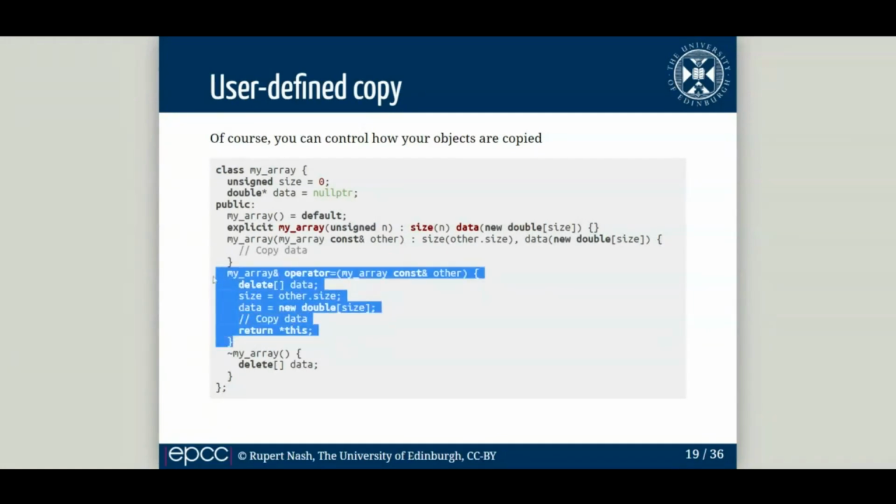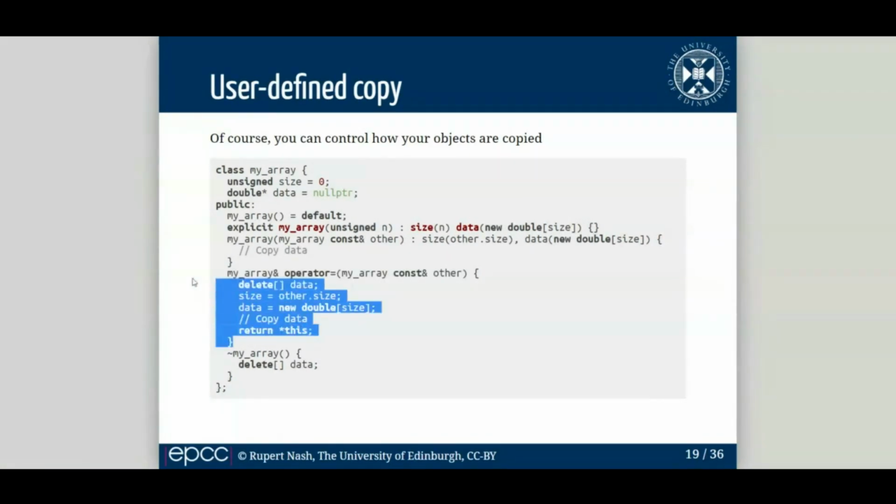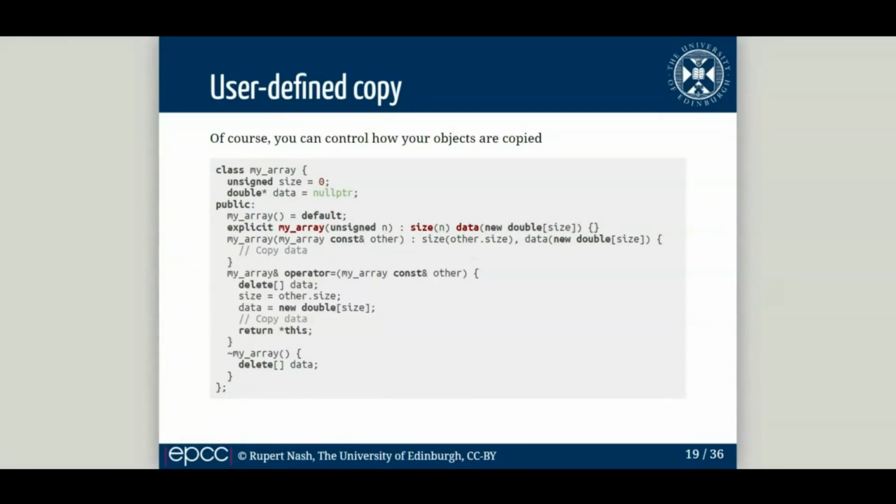And the second part is here, where you are getting rid of the previous object and creating a new one. So what you will need is to free the data that has already been allocated, book the new data, and copy that data.